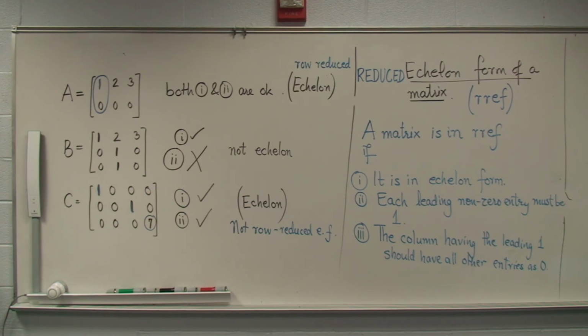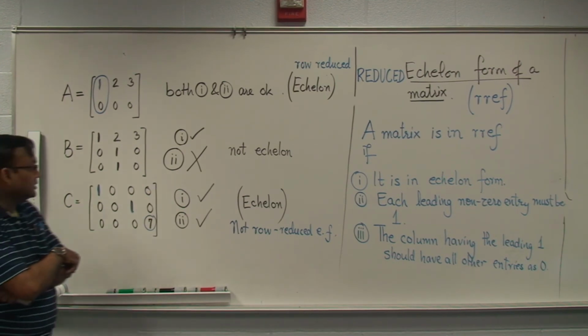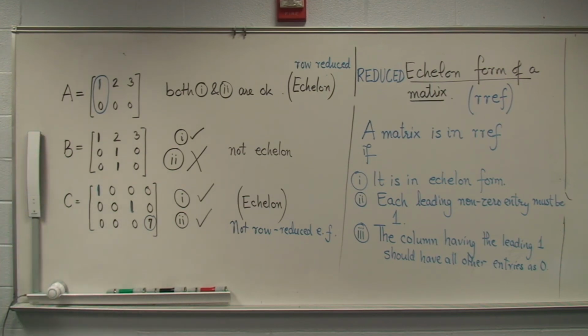So we'll encounter those things a little bit later. But from a theoretical standpoint, if you are just looking at solving the system of equations, you will see echelon form is as good as row reduced echelon form. That means both of them are capable of giving us the solution.